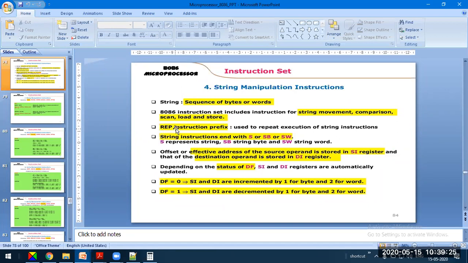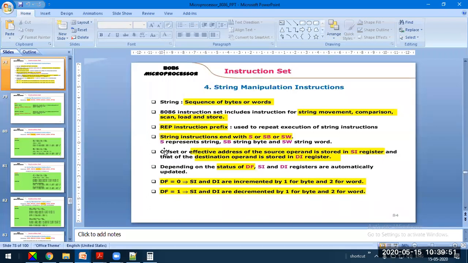REP, the repeat instruction, is used as a prefix to repeat the execution of a string instruction. REP stands for repeat. Just like we repeat a normal instruction, to repeat the string instruction we have a separate instruction called REP, which is used as a prefix.